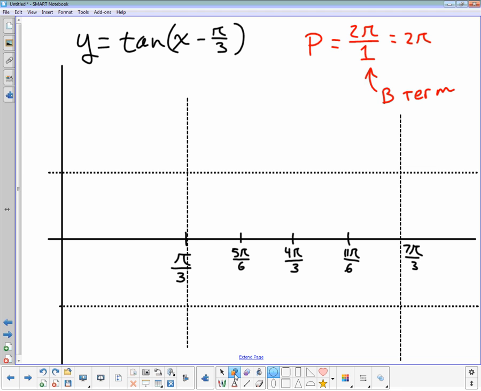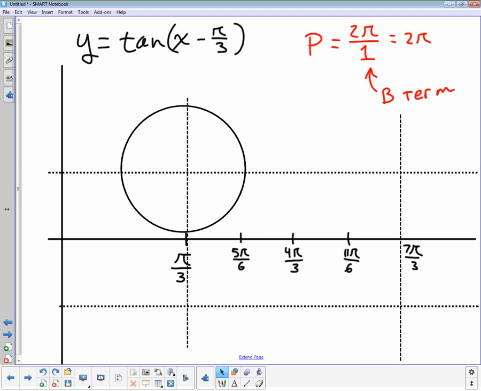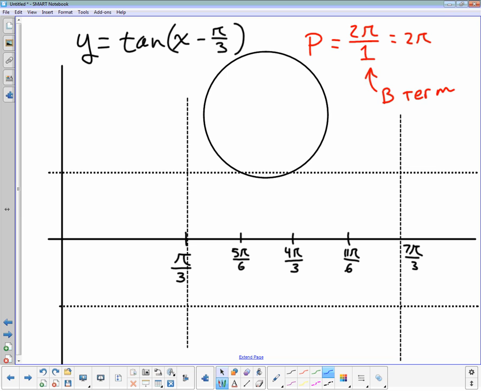If I take a unit circle, something like that, and if we say, off to the side, let's do this. There's 0, there's 1/4, there's 3/4.